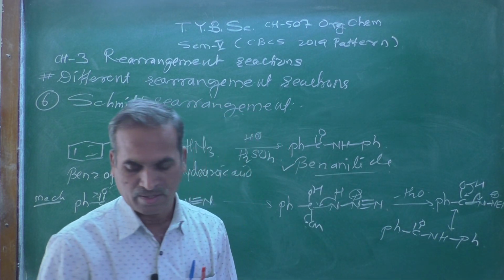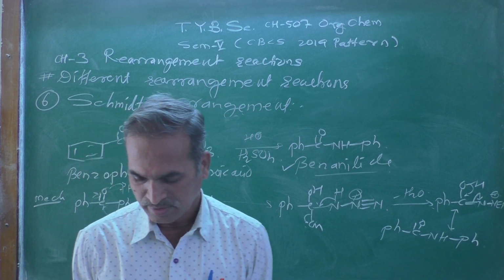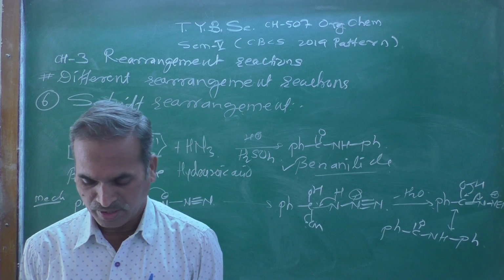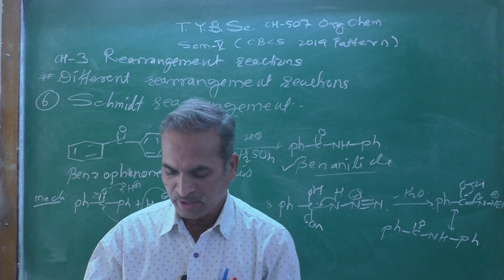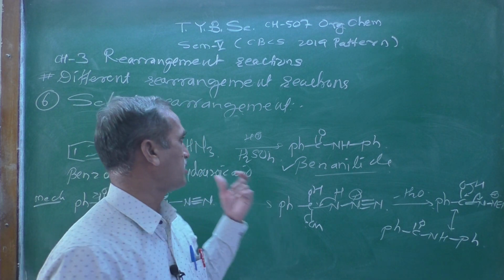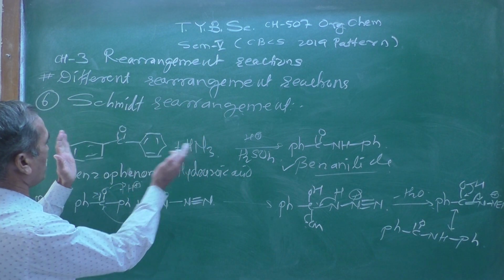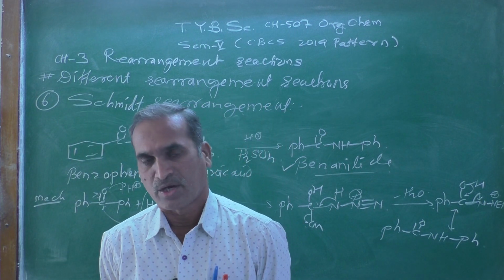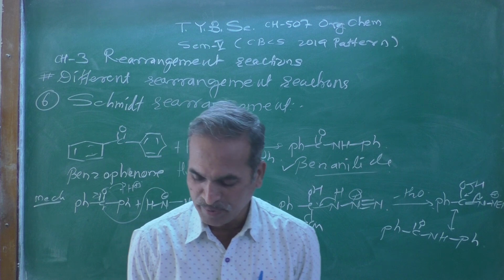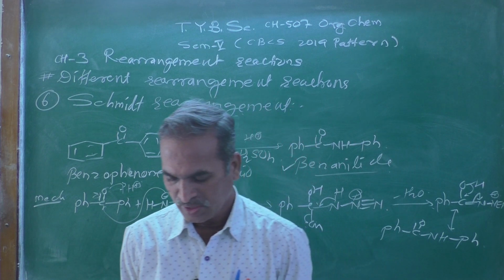So this is the simplest example we have seen here. In case of asymmetrical ketones, this is a symmetrical ketone because on both sides there is a phenyl group, and such types of aromatic ketones are known as symmetrical ketones.